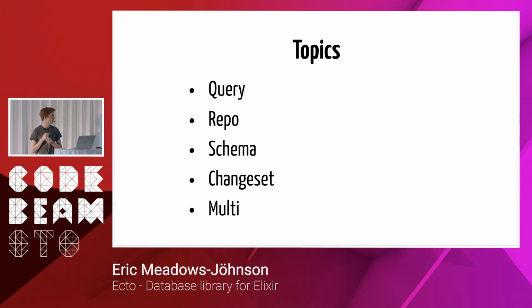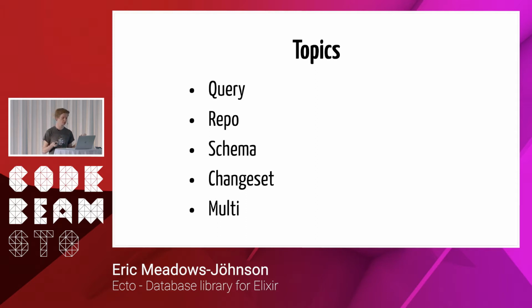So the topics today are these 5 topics. First off is the query language that we use to build up the database queries. Then we have the repo, or the repository, which is our point of interaction with the database. We have the schema, which is how we describe database records as Elixir structs.